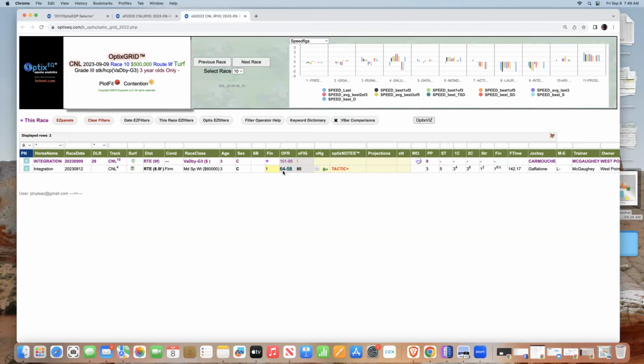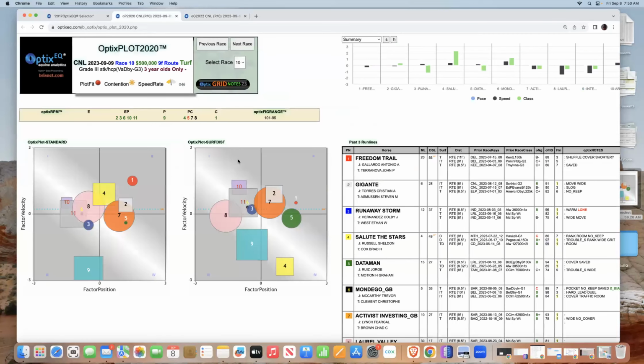That race was 58.64. What is this? OptixEQ range just tells you, based on that field, it's not a par number, what those horses' speed figures were in recent efforts, and kind of tries to come up with a way to calculate what we project the speed figure to be. So it was projected to be real low. That means a lot of lightly raced horses, a lot of maybe weak horses. So the 9 from a class perspective is below.